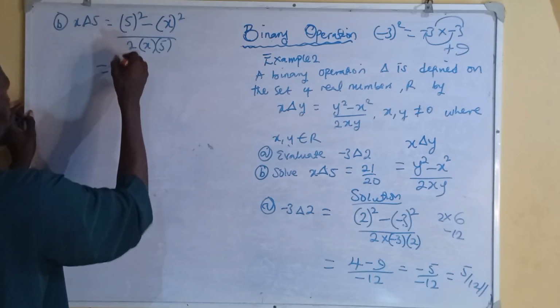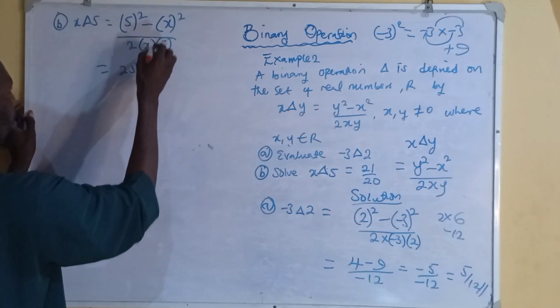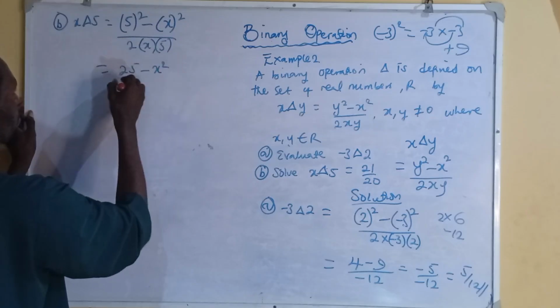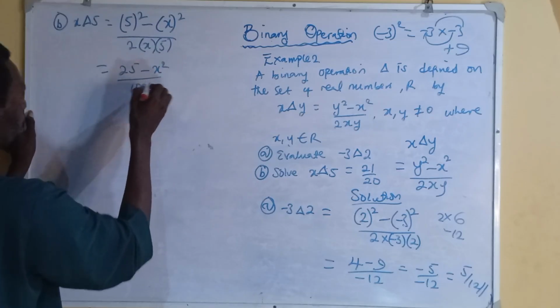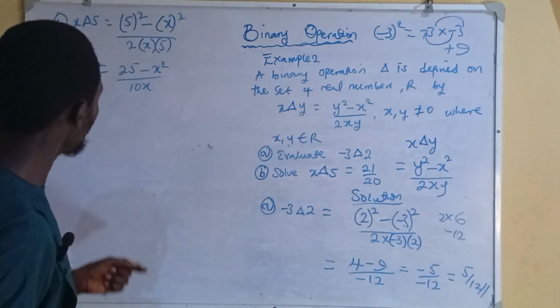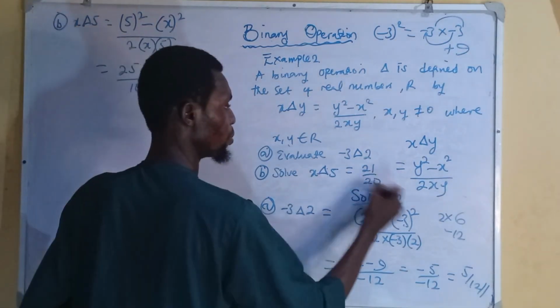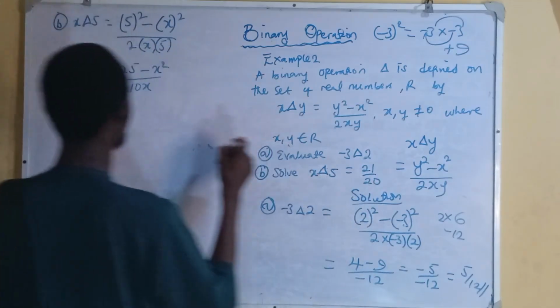So you have 25 minus x squared all over 10x, and it says this combination yields 21 over 20.